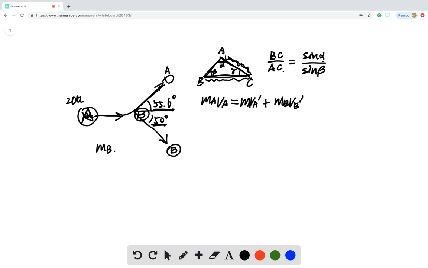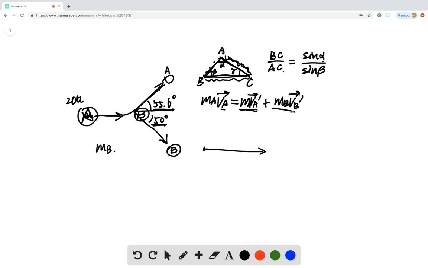Previously, we have always decomposed vA, vA prime and vB prime into two directions, the x direction and the y direction, and then we did these two directions separately to find those components separately. But if this question wants us to use vector addition, we will deal with them as vectors instead of as vector components. So then we'll try to draw this vector addition plot. So mA vA, we already know, is in this direction, and it's equal to the sum of these.